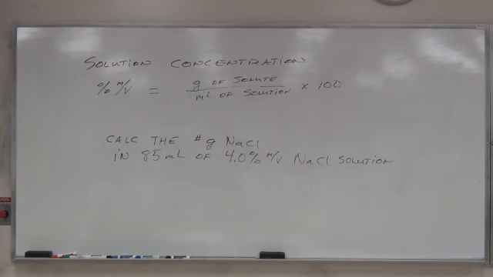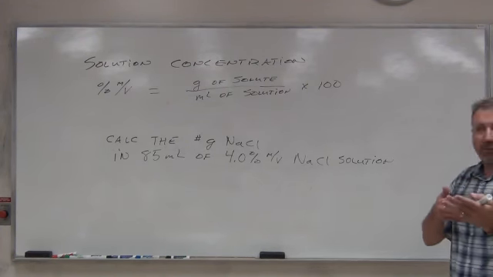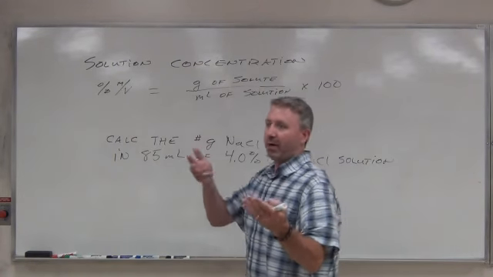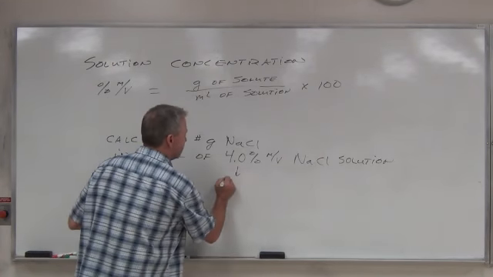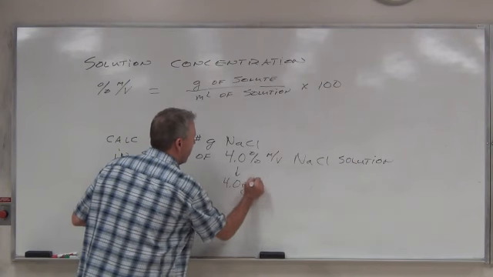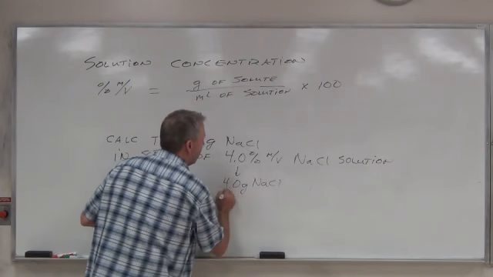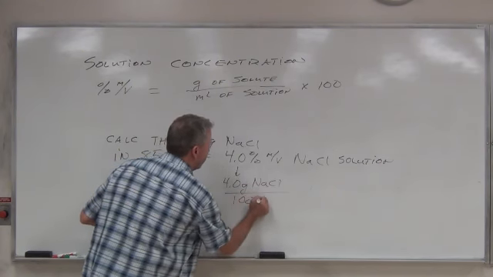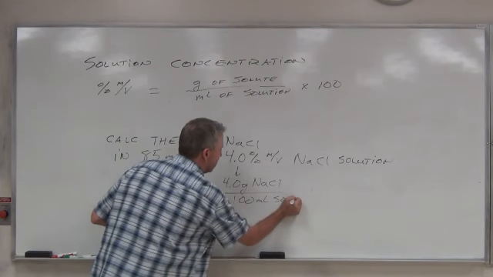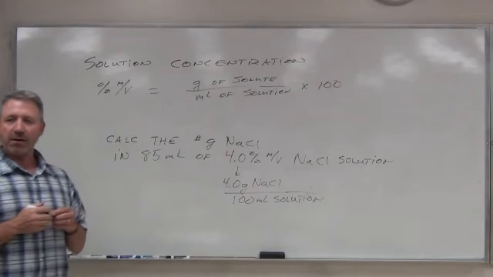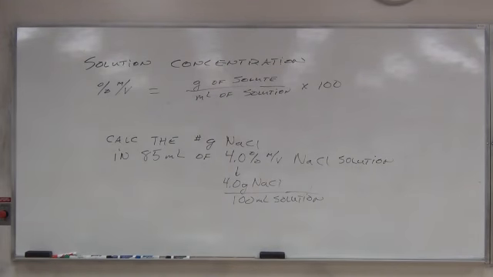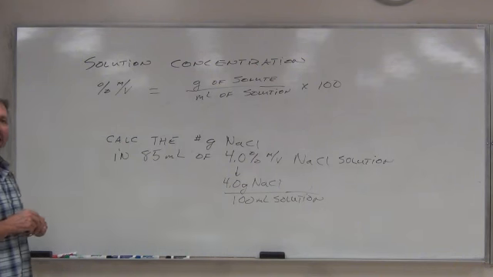Some people would say 0.4 over 1, whatever. But 4 over 100. So you can change that 4% to 4 grams of NaCl over 100 mils of solution. That's 4%.